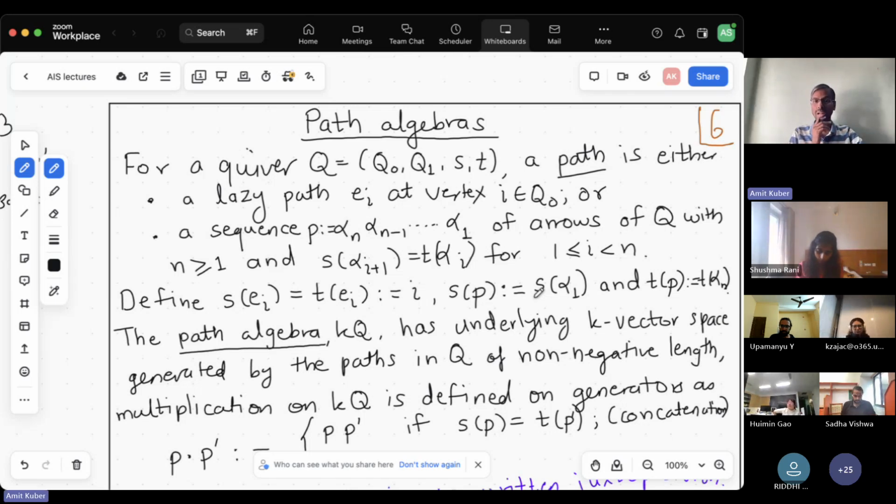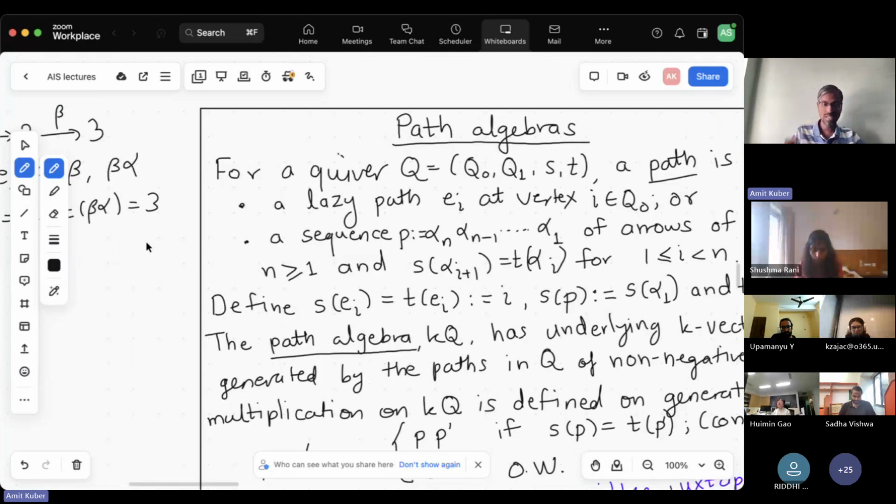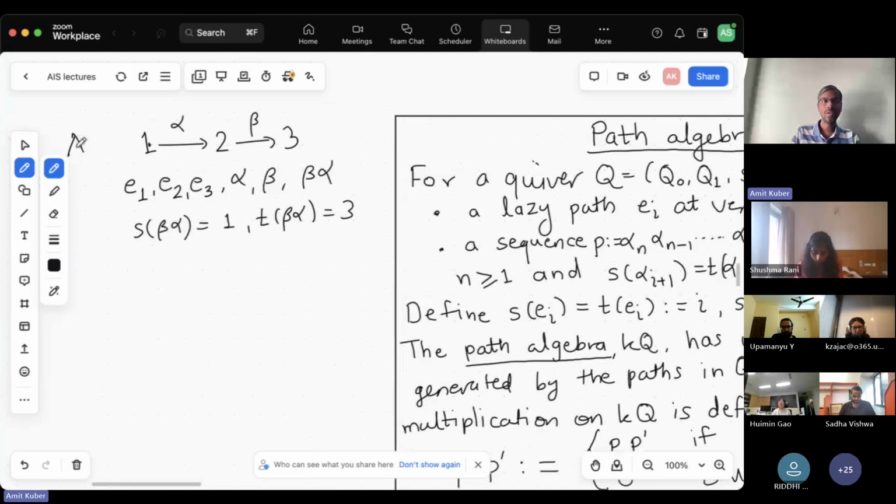The path algebra has an underlying vector space generated by paths of non-negative length. So this is simply the underlying vector space of this path algebra. If this is my A3, then the k dimension of KA3 is just going to be the number of paths, namely 6.